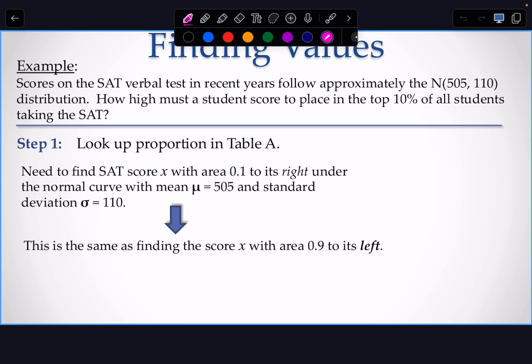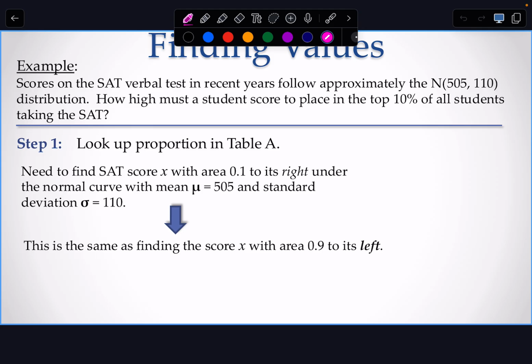So in this case, the other thing that's important to note here, when we're using table A, it can only tell us which direction. Left. Table A only knows how to work with areas to the left of a given point. So if I'm looking for the top 10% of all students, that means I'm looking at 10% to the right.